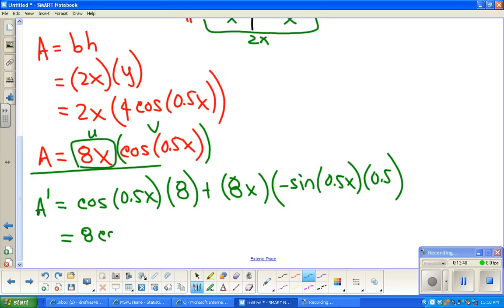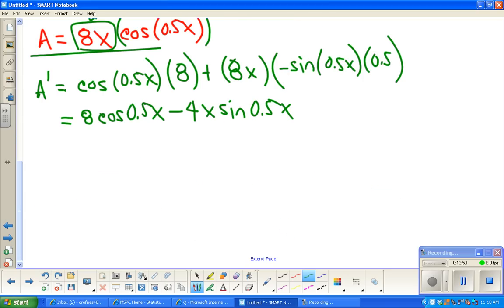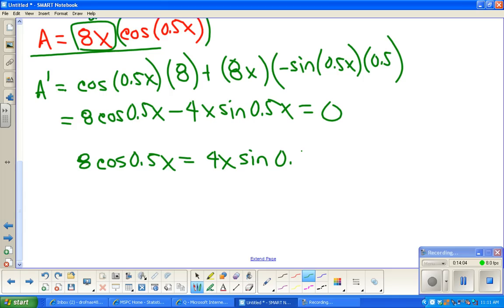Okay, so this is 8 cosine 0.5x minus 4x sine 0.5x, and I would like that to equal 0. So this is going to be 8 cosine 0.5x equals 4x sine 0.5x.